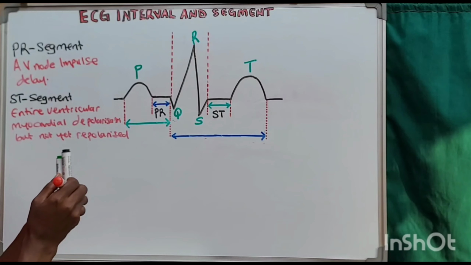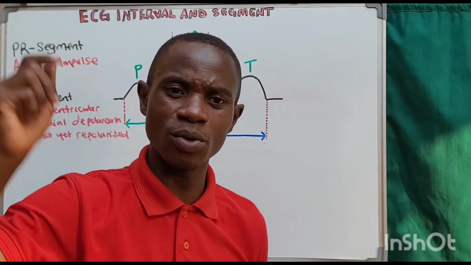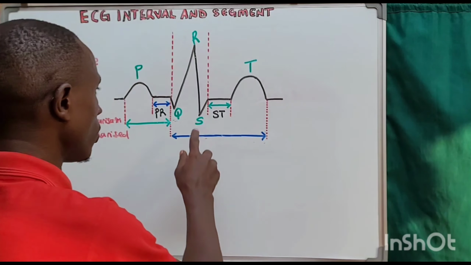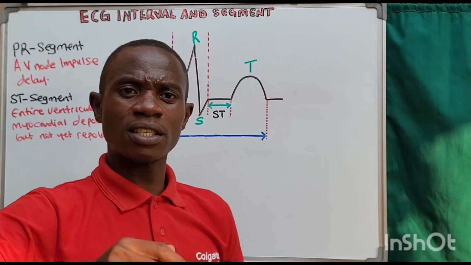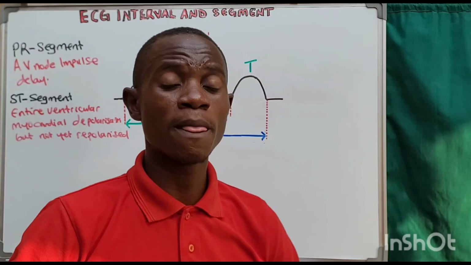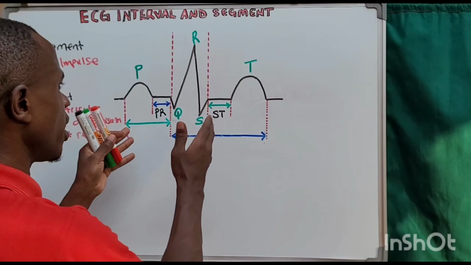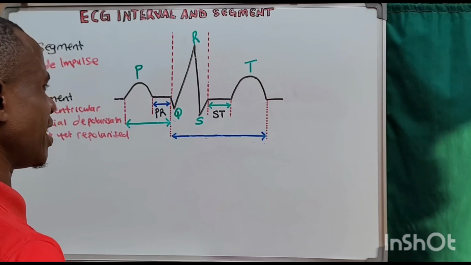The entire ventricular myocardium is fully depolarized, but repolarization has not yet begun. That is what we call the ST segment. In case the ST segment is prolonged, this can signify myocardial infarction. Those are the common segments that I want you to pay much attention to.